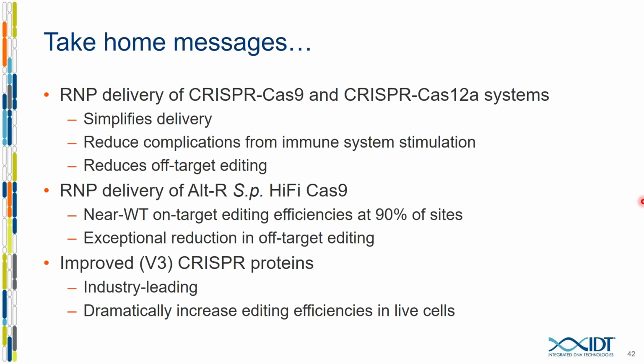We have a question if we are doing any work to reduce the size of the Cas9 protein. The answer to that question is we're not doing anything to reduce the size of SP-Cas9.